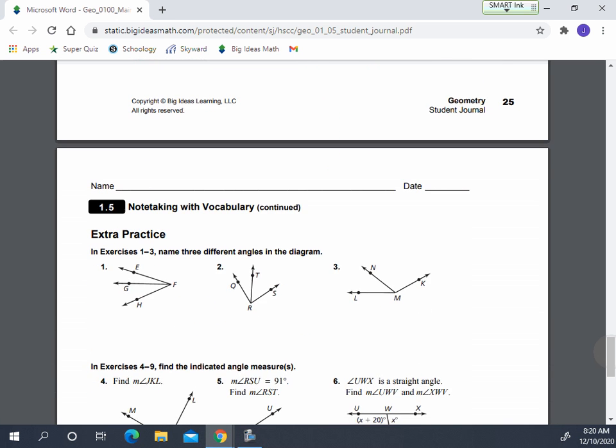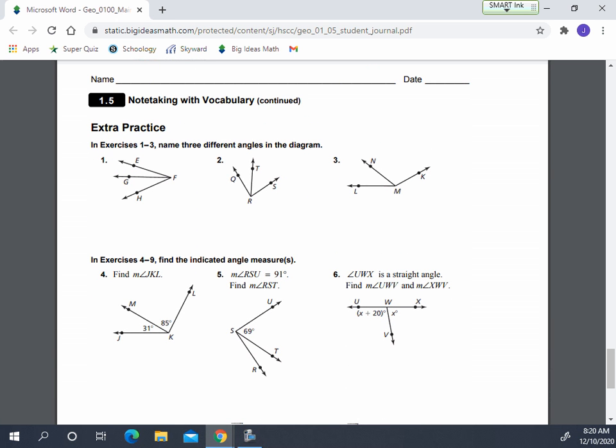Okay, good stuff to read here. I'm going to start down here. I'm going to go through a few examples with you and then maybe leave a few up to you. Name three different angles in this diagram. Let's start with one. Well, I could say the first angle, pretty obvious, is angle HFE.